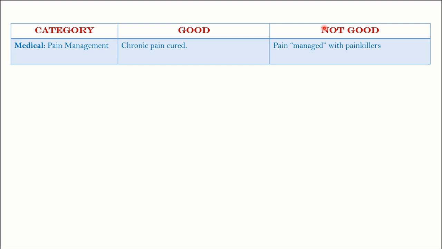The patient is anesthetized and basically numbed to the pain, as opposed to addressing the underlying issues. The idea is to cure pain, particularly chronic pain, as opposed to engaging in masking of the symptoms, or basically blocking the pain receptors, which we do right now.